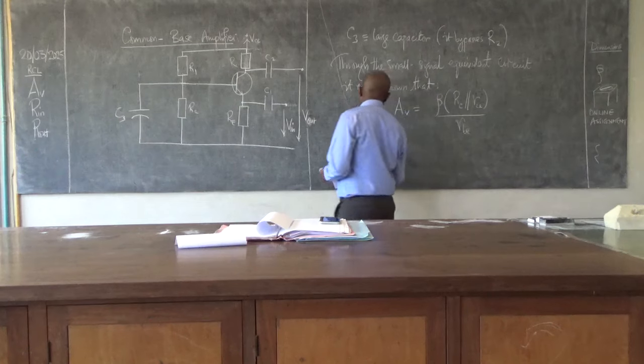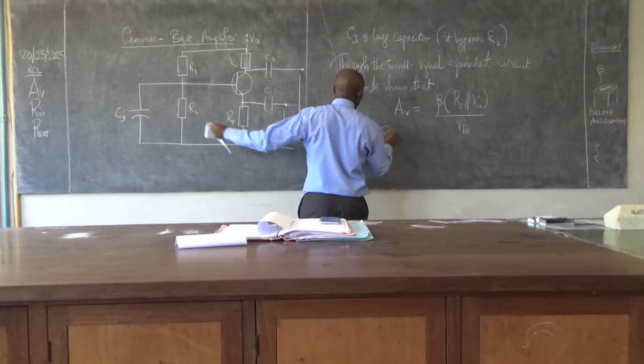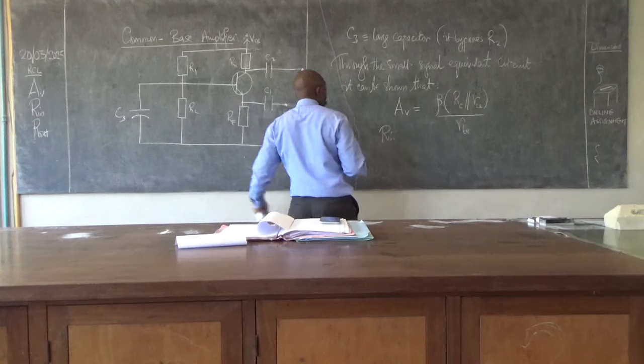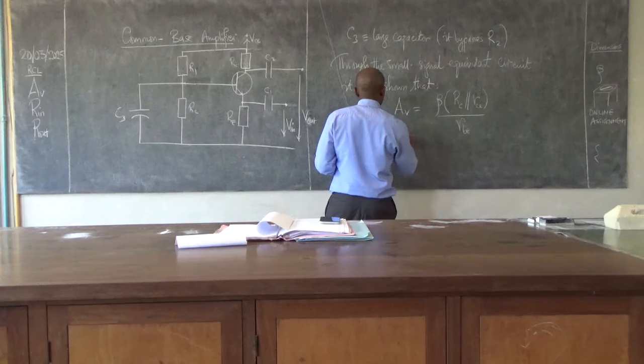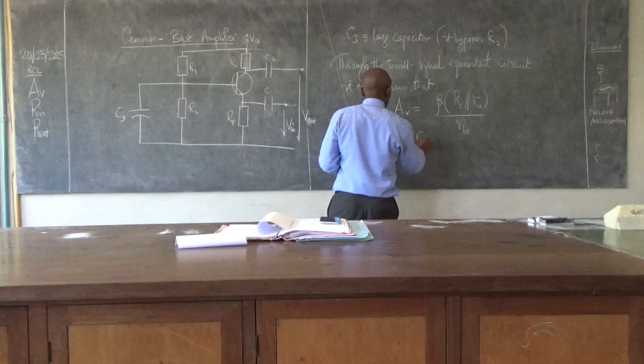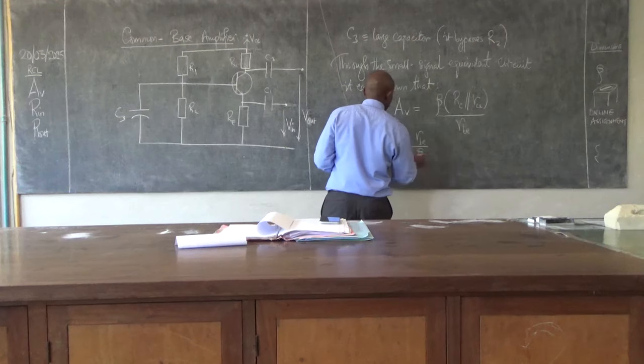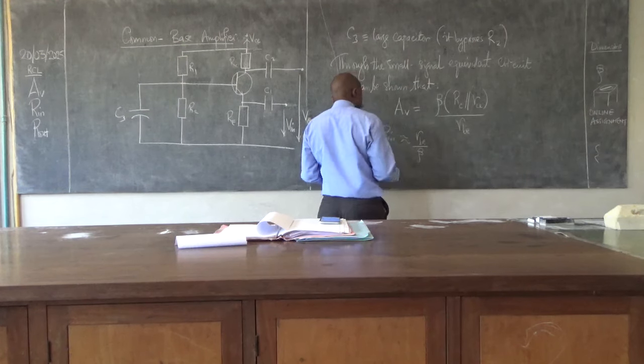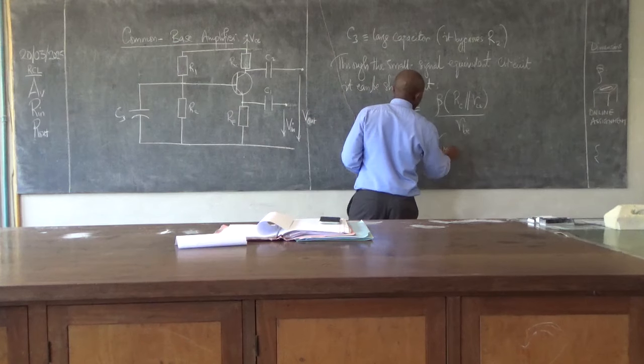The input resistance is approximately RB over beta, and this will really be very small.